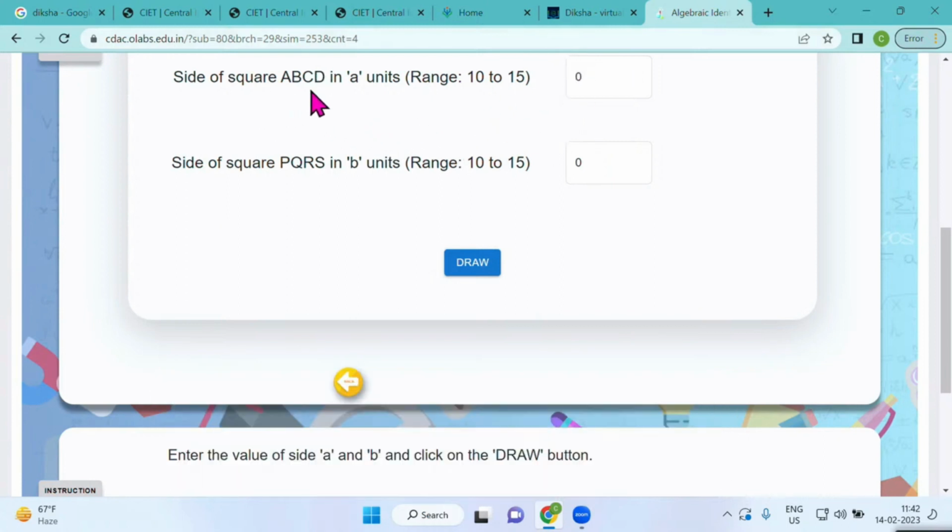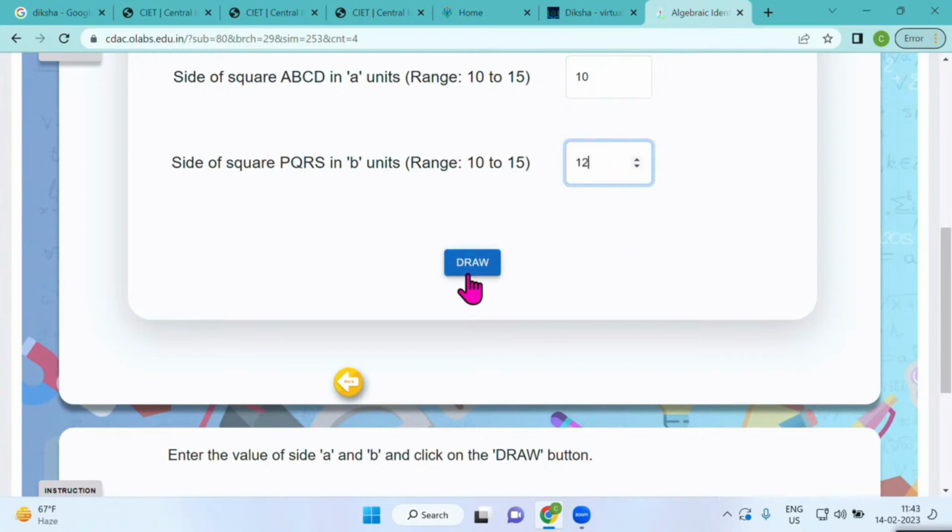The side of the square ABCD, that is A units, we can take from the values 10 to 15. So I am taking 10 units for the first square, and for the next square PQRS, in B units, the range is again 10 to 15. So I am taking 12.